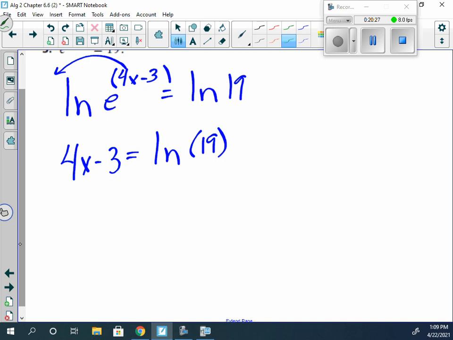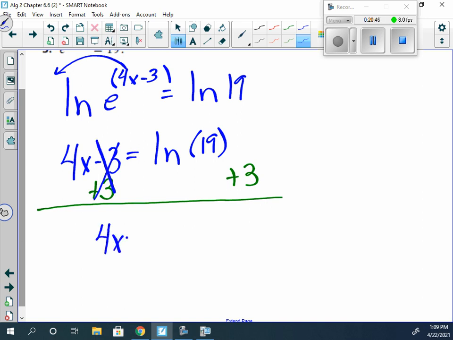Now we just need to solve for the value of x. So what can we do first? We can add 3 to both sides, because negative 3 plus 3 is going to give me 0. So that 4x is equal to the natural log of 19 plus 3.